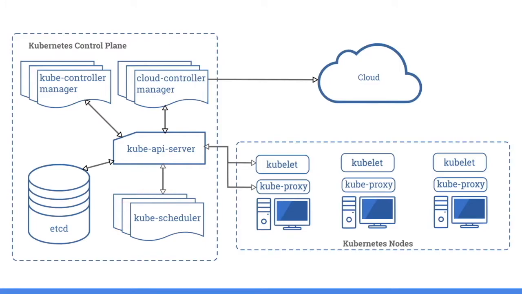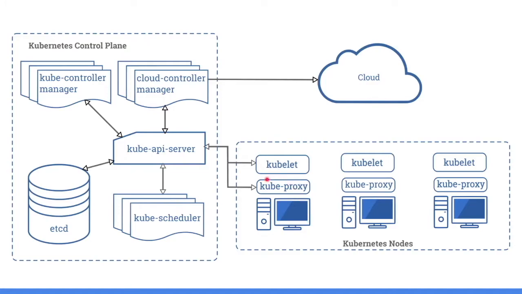On the worker nodes, we have Kubelet, which is responsible for provisioning and starting the pods that are scheduled on that node. And so it interacts with the container runtime, such as Docker, on that node to do that. And it also reports pod status and node status back to the API server.